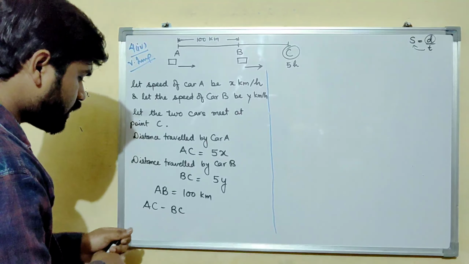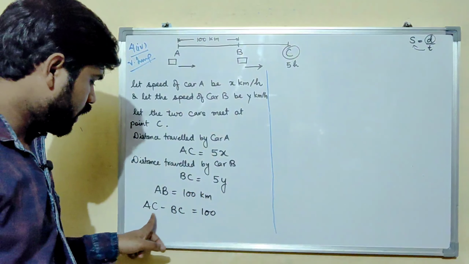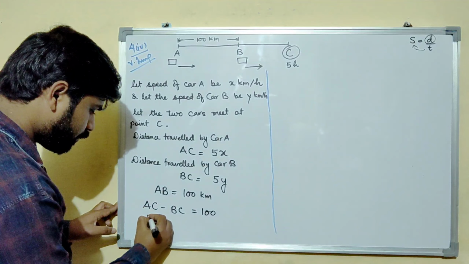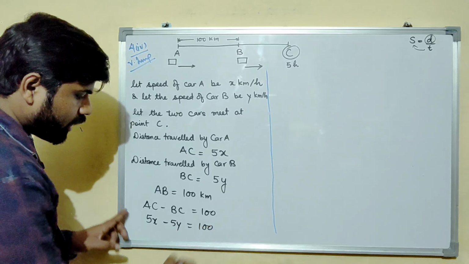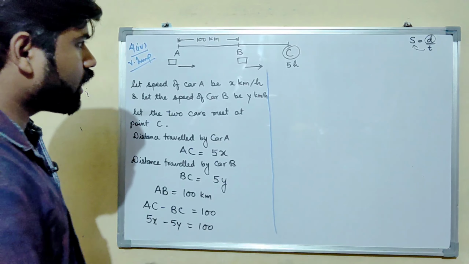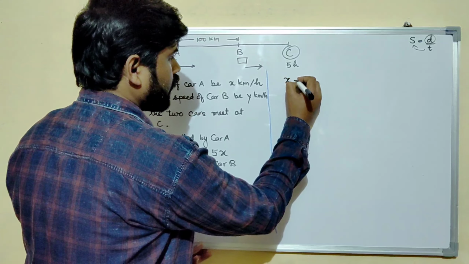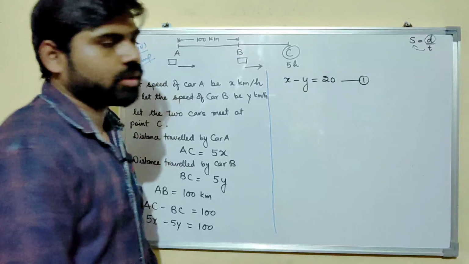So AC minus BC equals AB. It is 100. Let's substitute the values here. AC is 5x, BC is 5y, equals 100. You can take 5 common and then transpose that 5 to the right hand side. You will get the equation x minus y equals 20. This is your first equation.